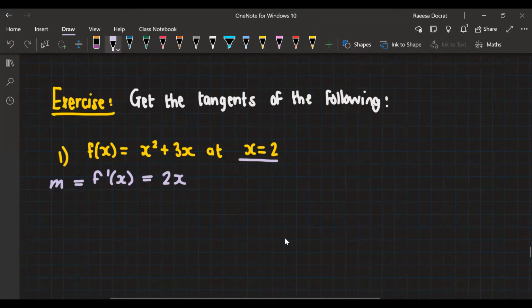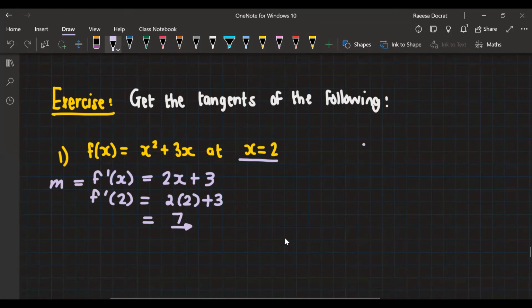It's 2x plus 3, using the derivative rule from the last video. In particular, we want the derivative evaluated at 2. So it's 2 times 2 plus 3, which is 7. So that is our gradient. The next thing we need is a point. We know the x coordinate is 2, so we want the y coordinate.